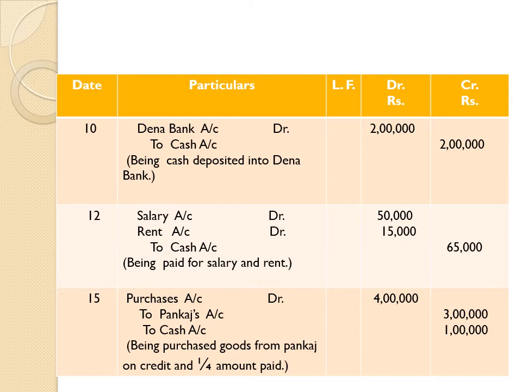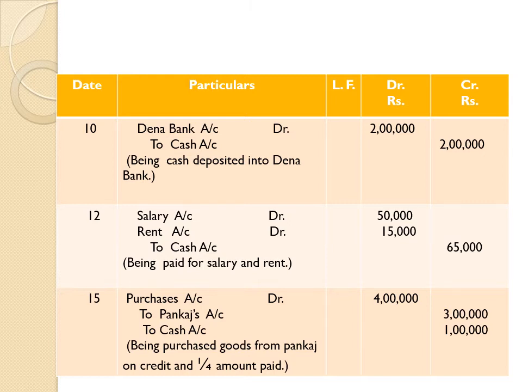Rent account debit 15,000 to cash account 65,000, being paid for salary and rent.